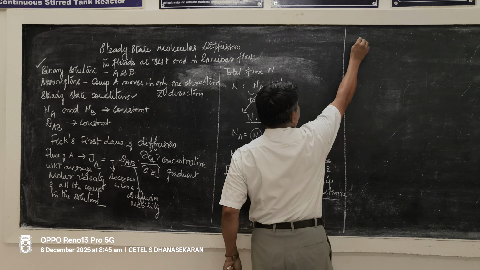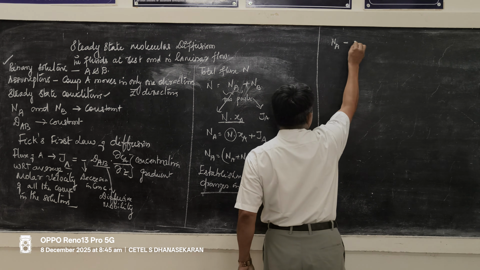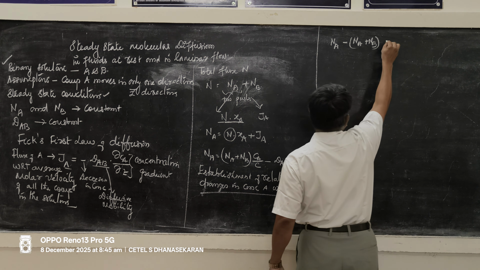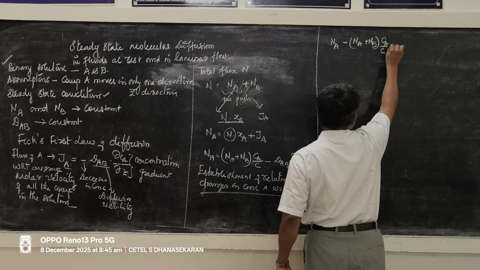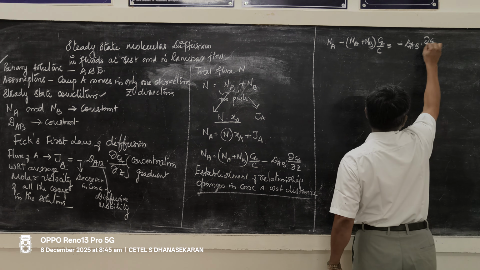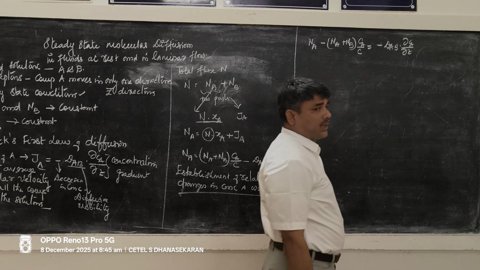So this one: (NA minus (NA plus NB) into Ca divided by C) is equal to minus DAB into dou Ca by dou Z. Clear?